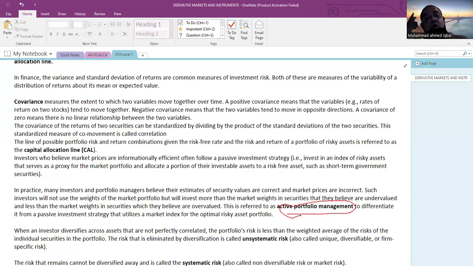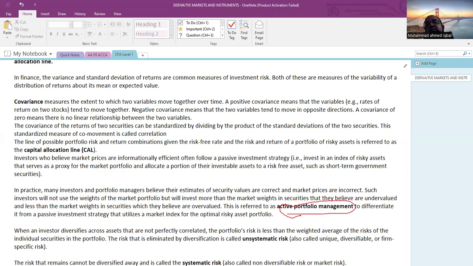So they don't copy the composition of the index and they go for different weightages of the investments in their portfolio. And passive portfolio management means they follow the index and they more or less reap the same returns the index is giving.